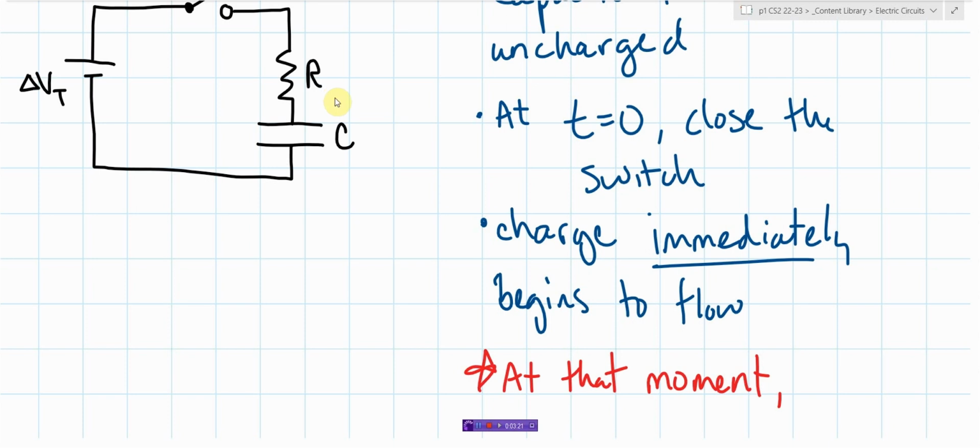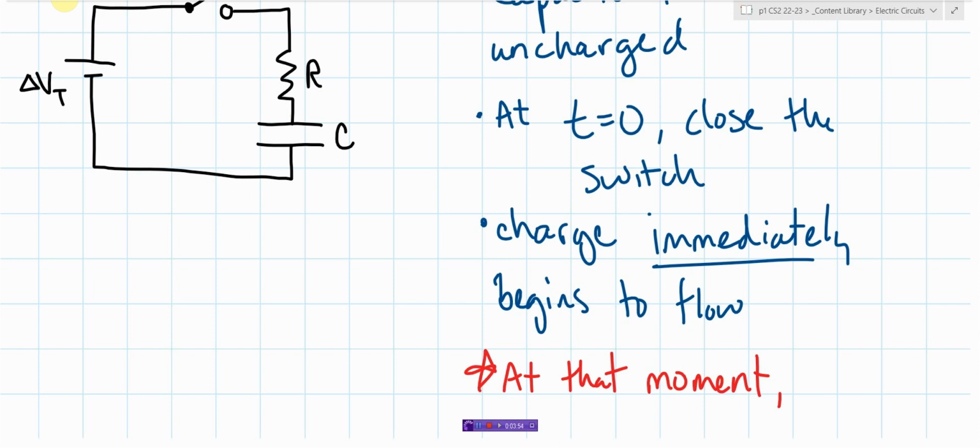Electrically speaking, right at time 0, the delta V across this thing is 0, which electrically speaking means it doesn't exist. It's like there's just a wire here. So if you have an uncharged capacitor, for an infinitesimal second, that thing acts like a wire.